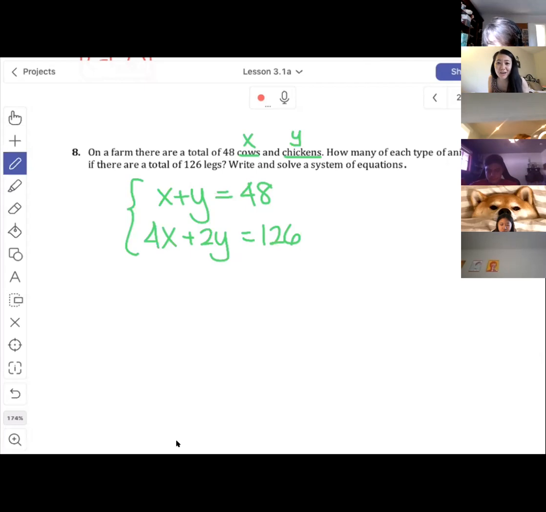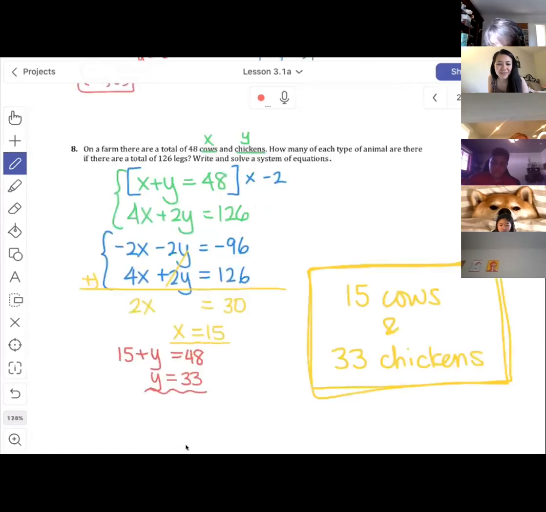So 15 of what animal? 15 cows and 33 chicken. There you go. Good job. Great job, guys. So practice that with homework and let me know if you have any questions.